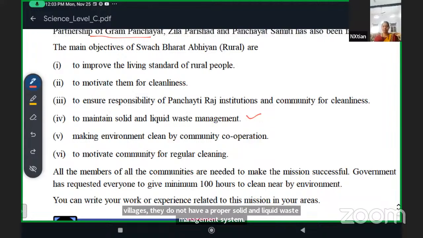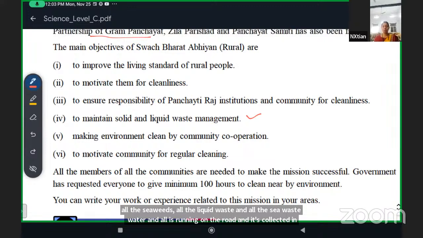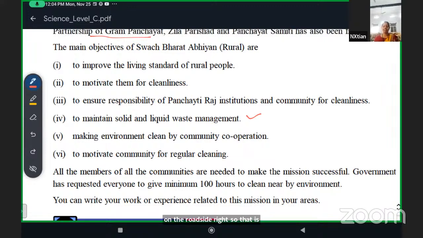All the liquid waste and sewage water runs on the road and collects at one place on the roadside. That is improper management of solid and liquid waste. They should put underground pipelines, and storage tanks and treatment tanks should be made properly, and then the waste should be treated.